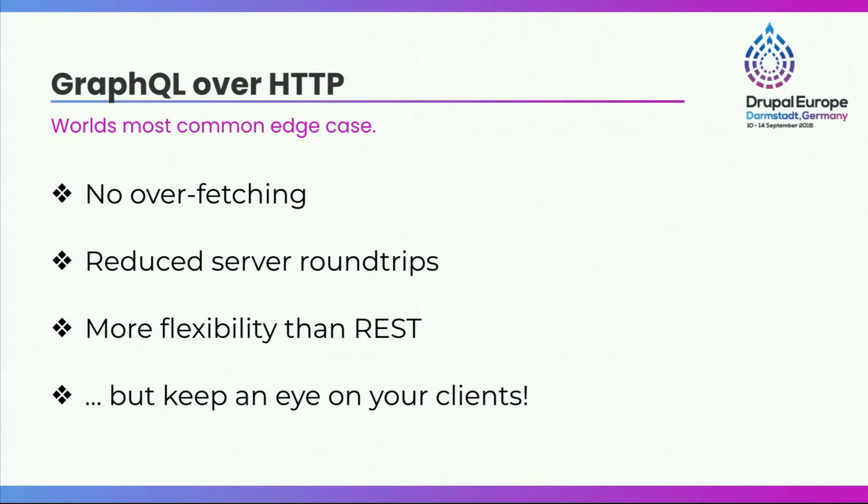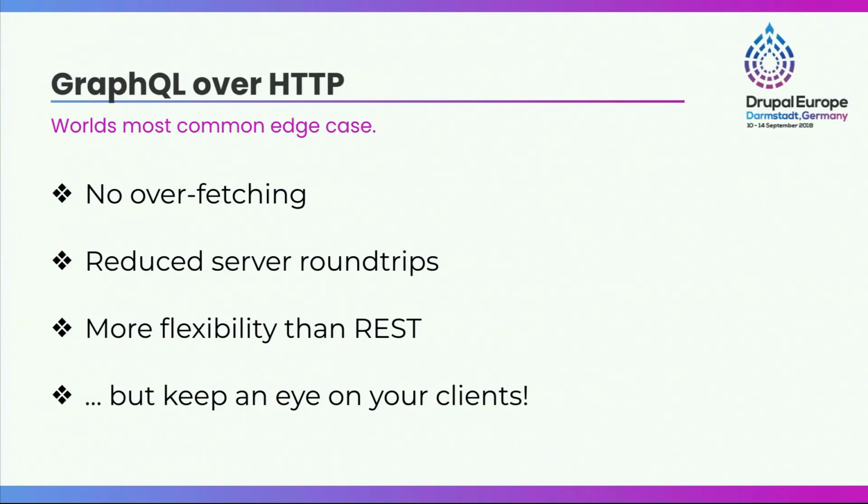And it gives us, in general, more flexibility than REST when used in this context. But, and that's where you would think about when you would not use GraphQL, you have to keep an eye on your client. Who is executing the query? What is he executing? You should probably be very careful to publicly open a GraphQL API without really knowing its ins and outs and its potential risks.